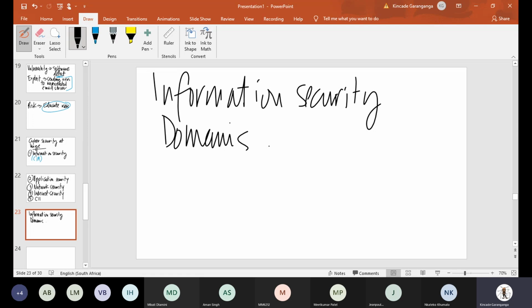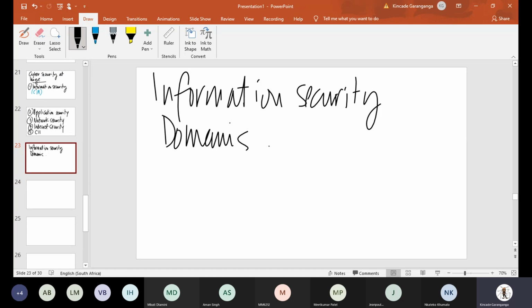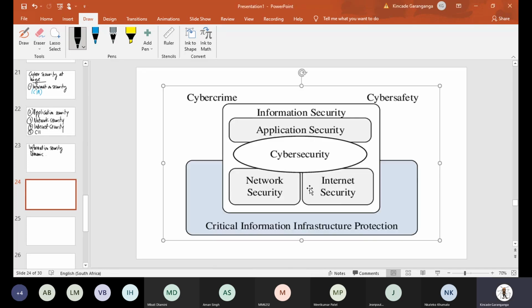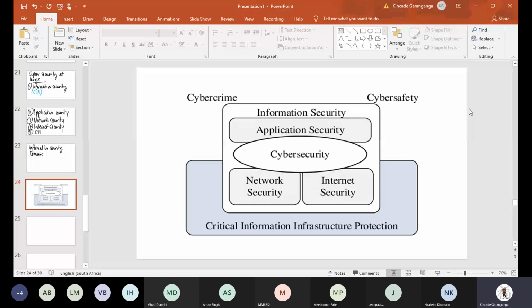And if you want to look at the actual relationship associated with these distinctive domains, you'll have something along these lines. So that's a typical example of how these particular configurations are naturally interrelated.